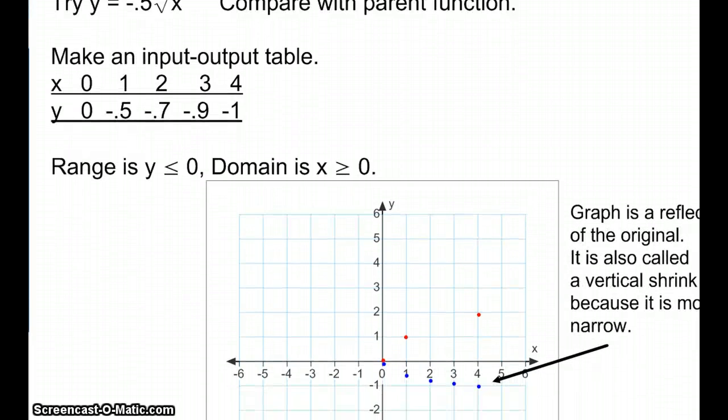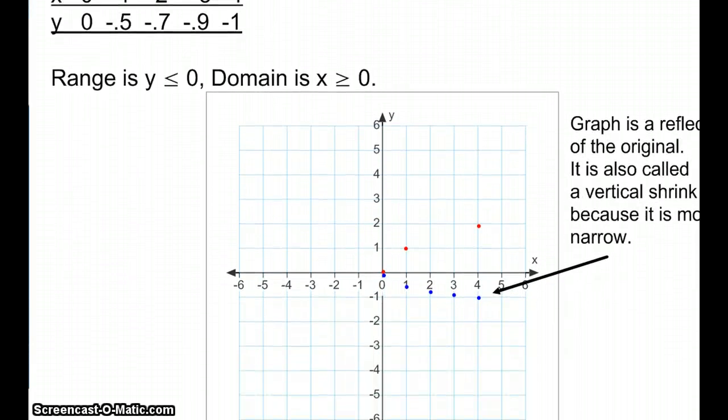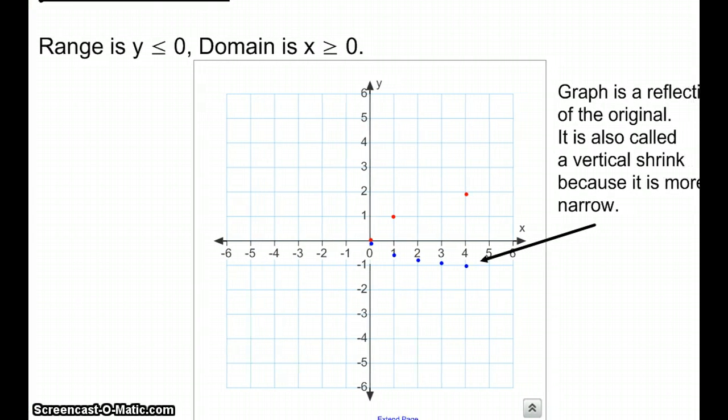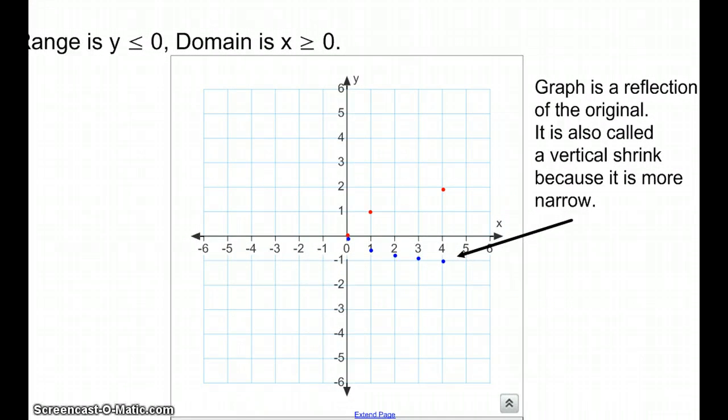The graph is going to be a reflection of the original. Okay, that means it's going to go below the axis so that you can see it. And here, in this case, the blue line is where I graphed it, just down here. And you can see the original follows the red points up in the first quadrant, so it's going to be this way.